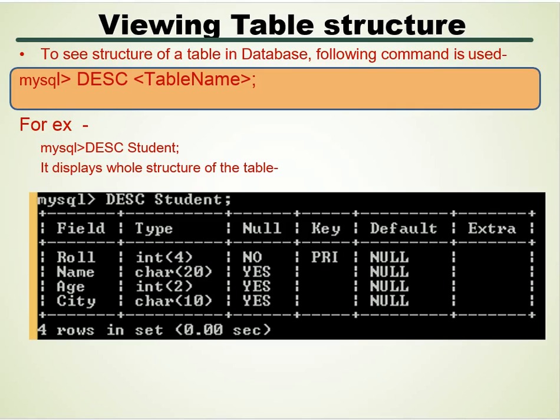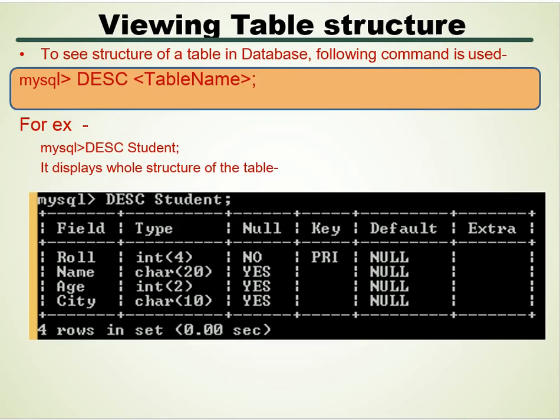Like see here, field names roll number, name, age and city, and the corresponding data types are like roll number integer 4, name character 20, age integer 2, city character 10. And there are some other features like null: no, yes, yes, yes. It means no, because we have to assign the primary key.